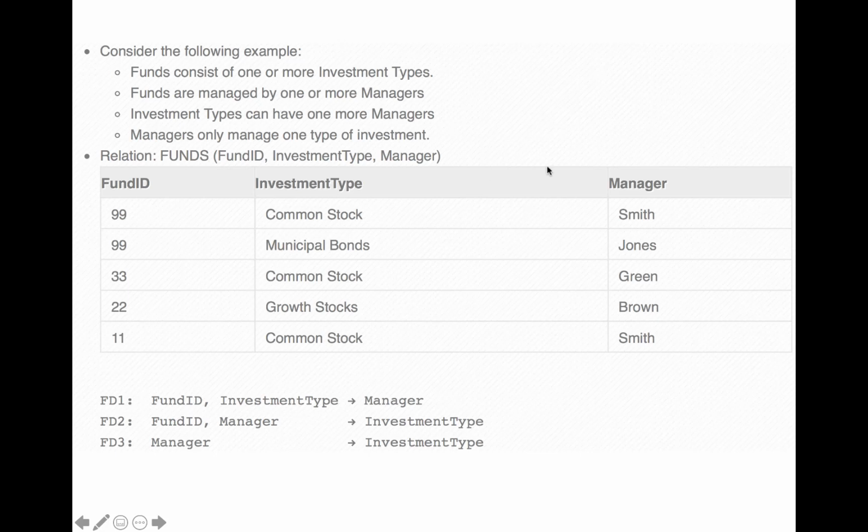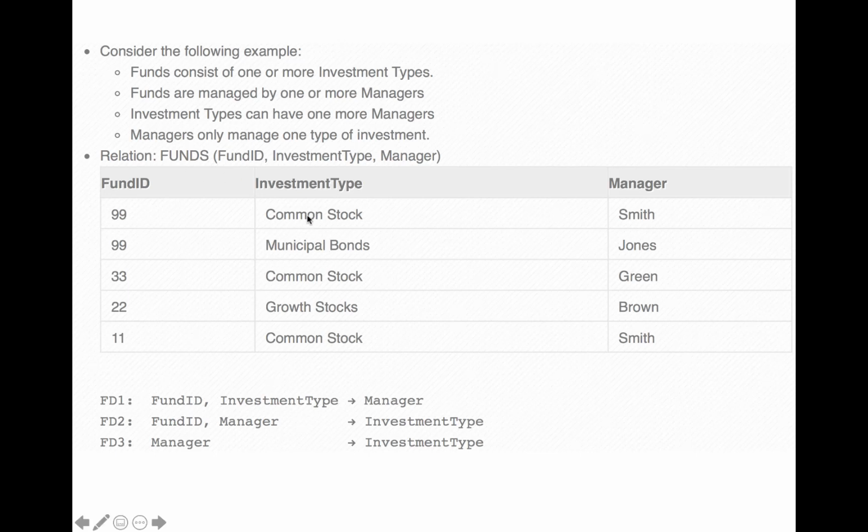Funds are managed by one or more managers. Investment types can have one or more managers as well. So for example, common stock is managed by Smith and common stock is managed by Green. Managers only manage one type of investment.